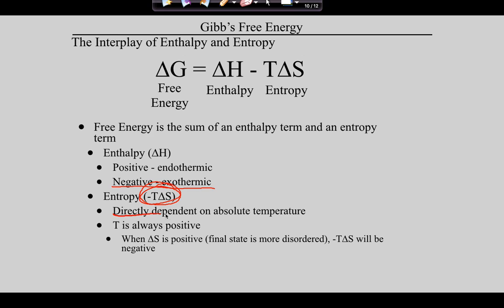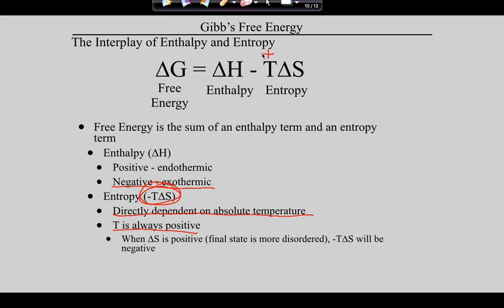So guys, when we look at this entropy term, first of all, the temperature is dependent upon absolute temperature, which is Kelvin temperature. And guys, what can Kelvin temperature never be? Negative. So guys, temperature is always positive.